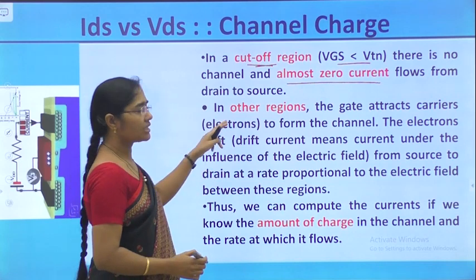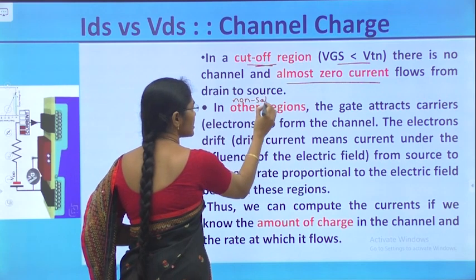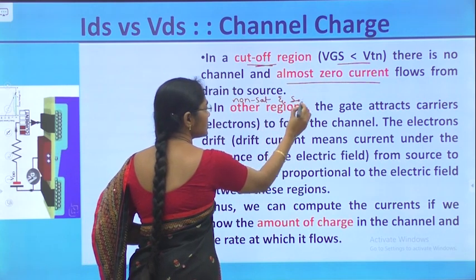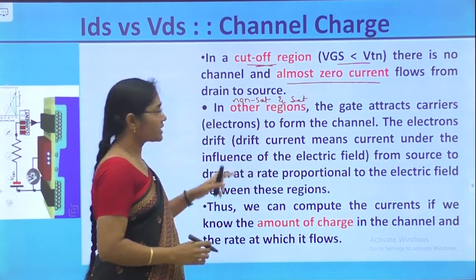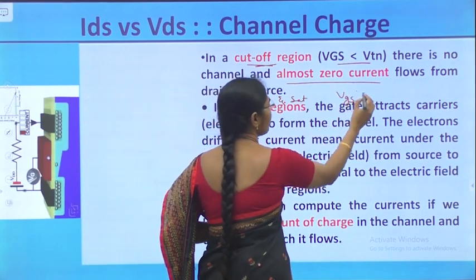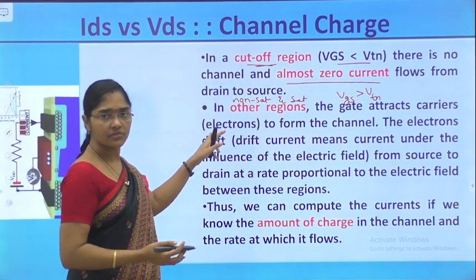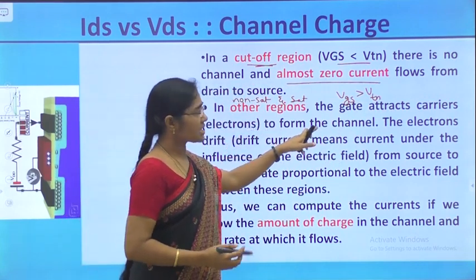In the other regions, that means in both the non-saturation and saturation regions, the gate attracts the carriers because we have applied VGS greater than VTN. The gate attracts the carriers, that is electrons, into the channel.